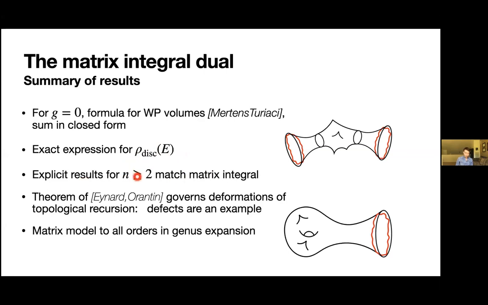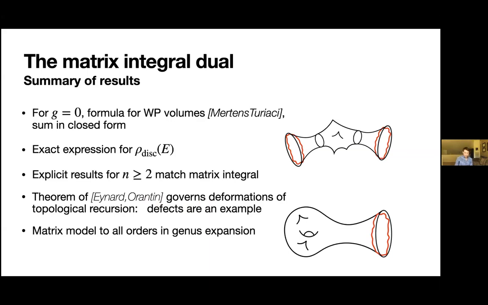First of all, very explicitly at genus 0, but then at higher genus, there's a theorem of Eynard-Orantin that tells you how topological recursion behaves under deformations of the disk density, if you like. It turns out these defects are very special deformations that preserve topological recursion, and inclusion of defects is an example of one of the deformations that they study.